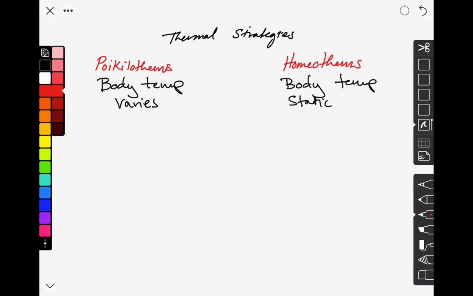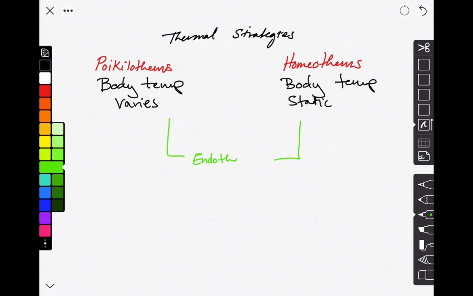Okay, so you've got these two big divisions, and then within this, you can fall into two camps. You can fall into a category which would be an endotherm, and this is where the body generates heat and heat's maintained.